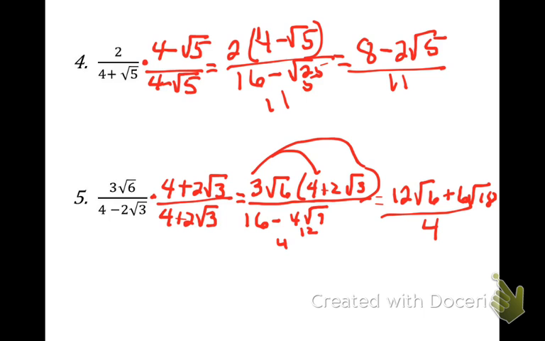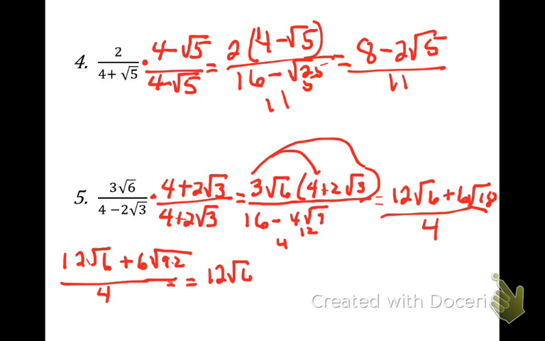Well, if you do notice, I have a perfect square in 18, so I'm going to go ahead and simplify that. 12 times the square root of 6, plus 6 times the square root of 9 times 2, all over 4. That's going to equal 12 times the square root of 6.